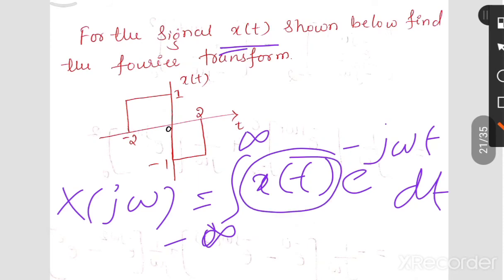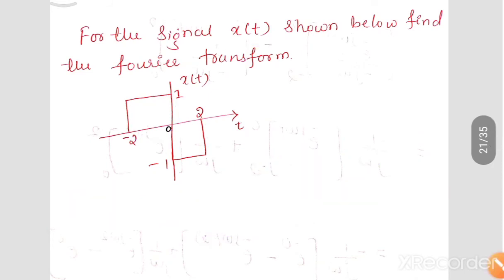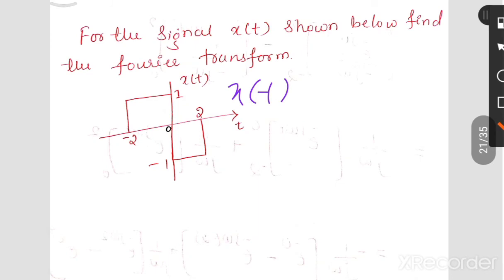Now in the place of x of t, we have to substitute two things, that is the first signal and the second signal. So x of t will be equal to, first signal is from minus 2 to 0.